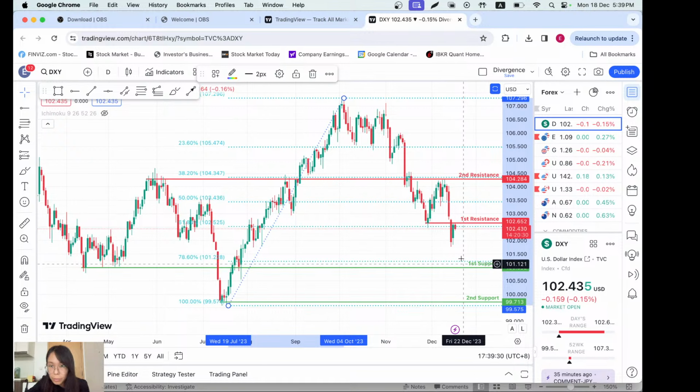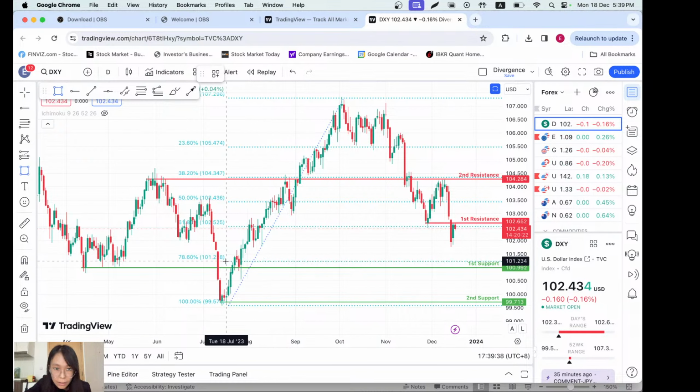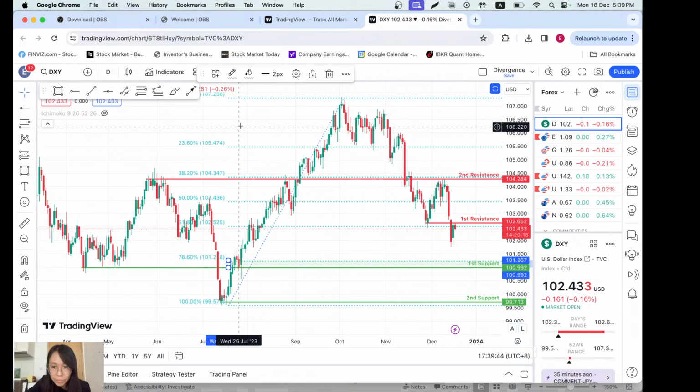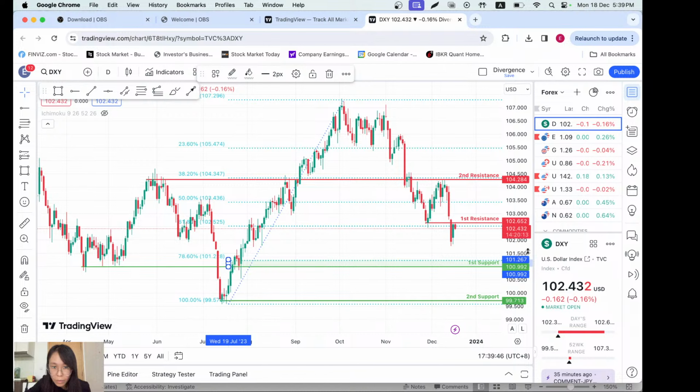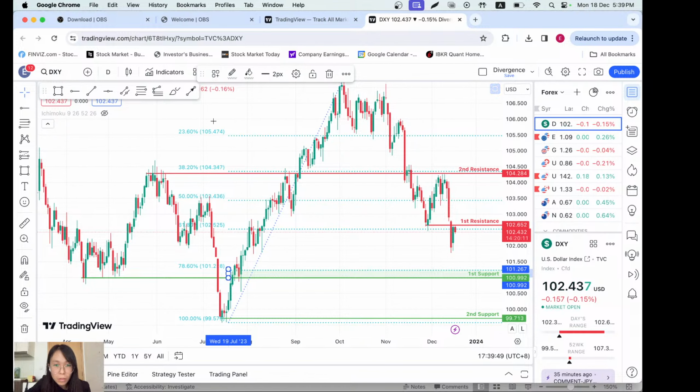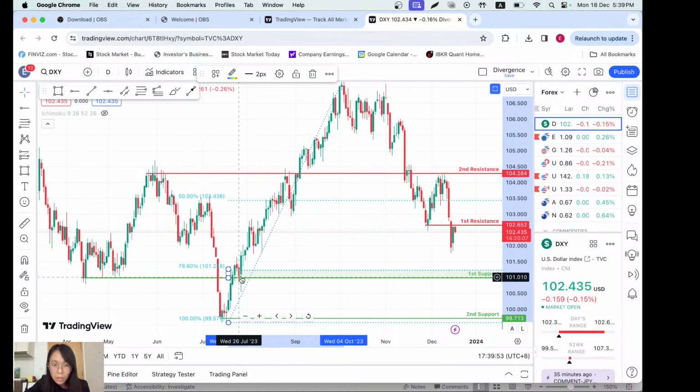Okay, so on the first support level, you can see that there is a 78.6 retracement. So I'll be highlighting this. So this acts as a strong level of support right here.